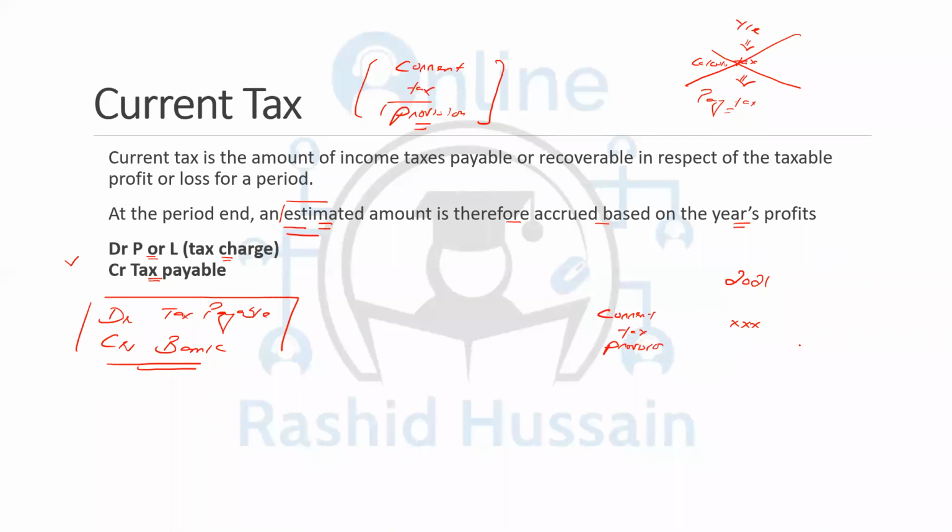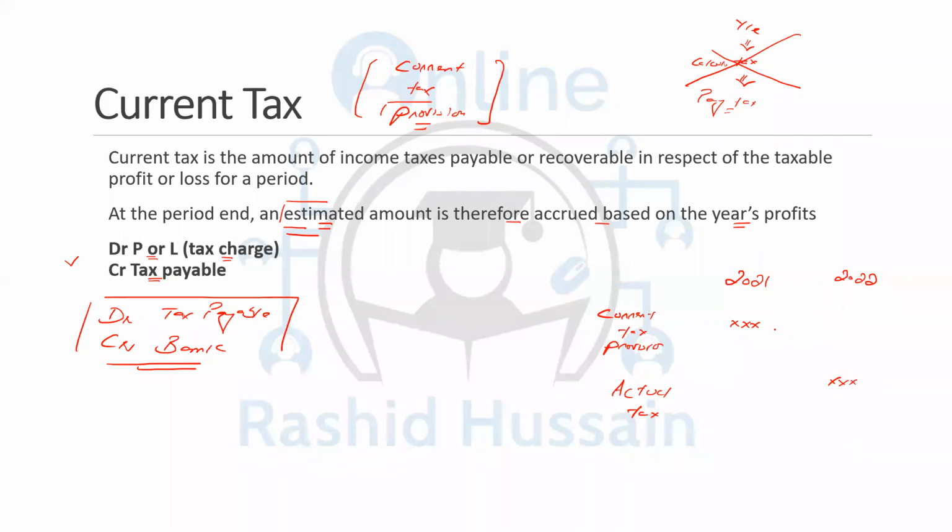There are so many things which the taxation authority is not going to accept, and they will be telling you, okay, do these adjustments. And even when those adjustments are being done, then you will calculate your actual tax. So that means in 2022, in the next year, you will become aware of your actual tax. This was the current tax provision. And your actual tax will be the story of the next year, which is 2022.